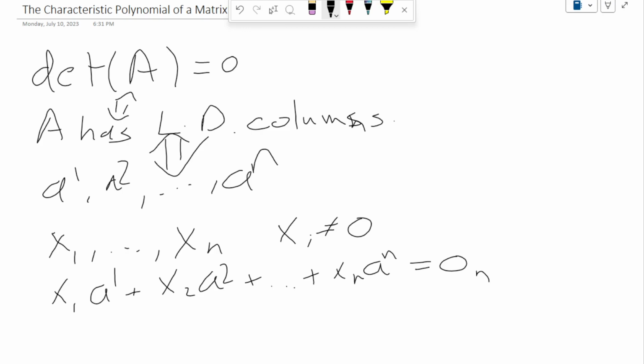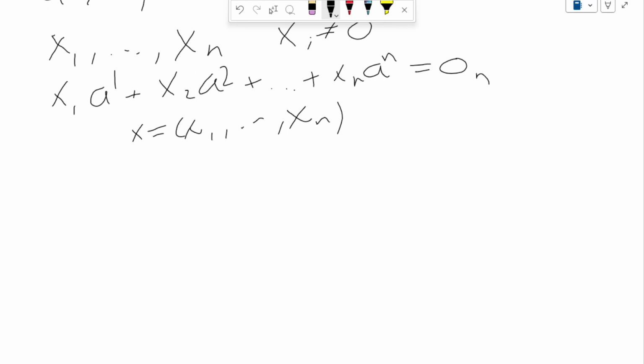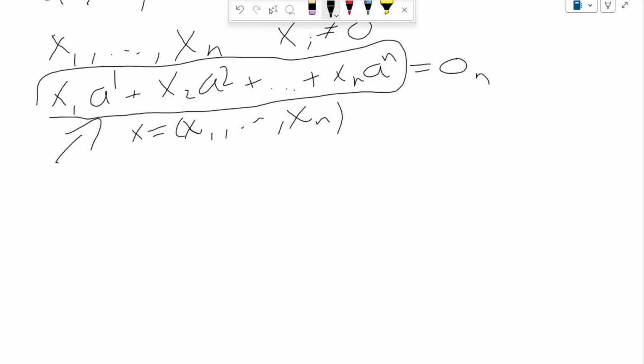Okay. So let's let x be the vector x1 through xn. It turns out from the definition of matrix multiplication, these x terms are just the scalars in this linear combination. So linear dependence means that there's a non-trivial linear combination of your vectors that is equal to 0. They don't relate to the matrix as much as they relate to the columns of the matrix.